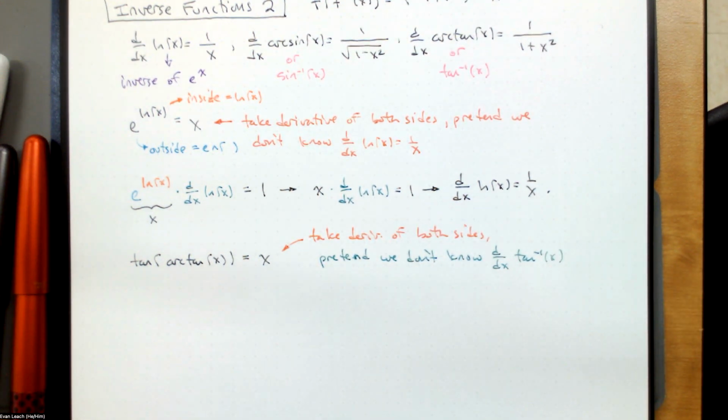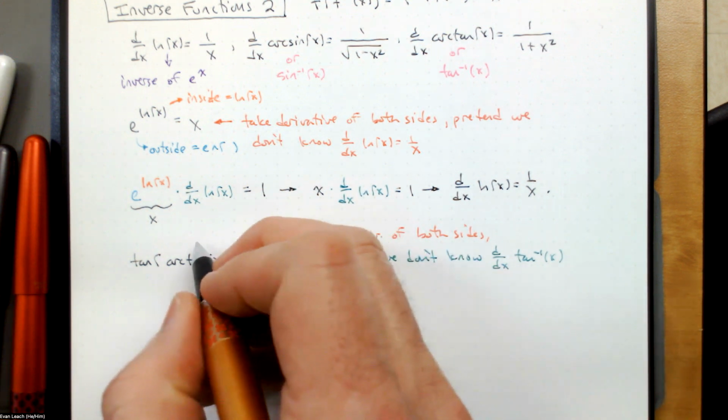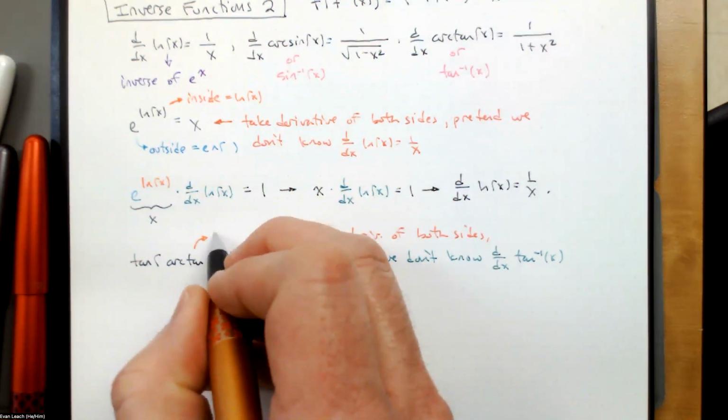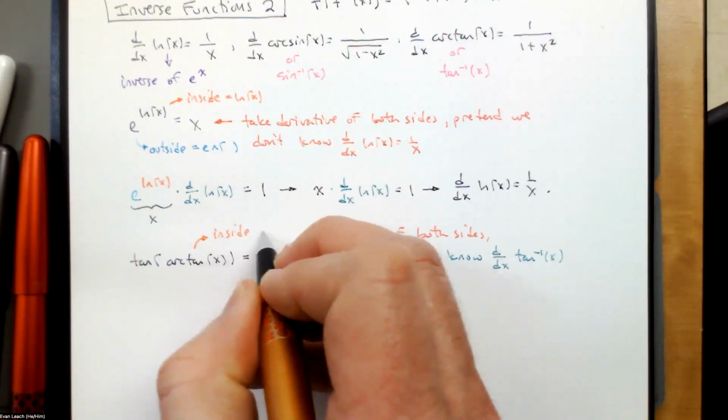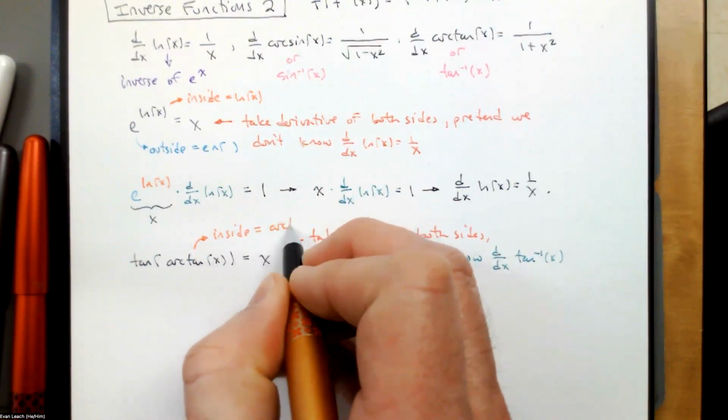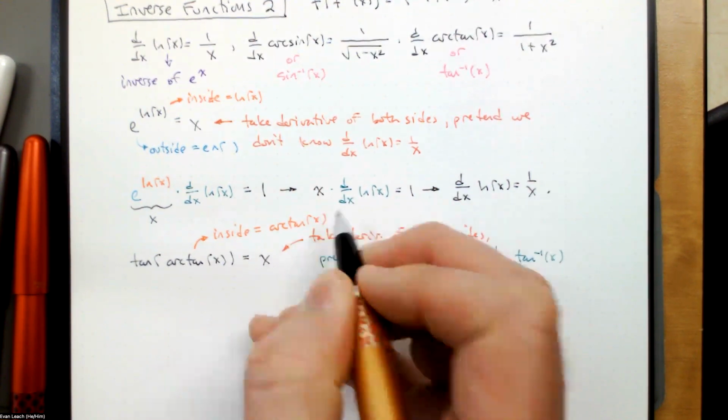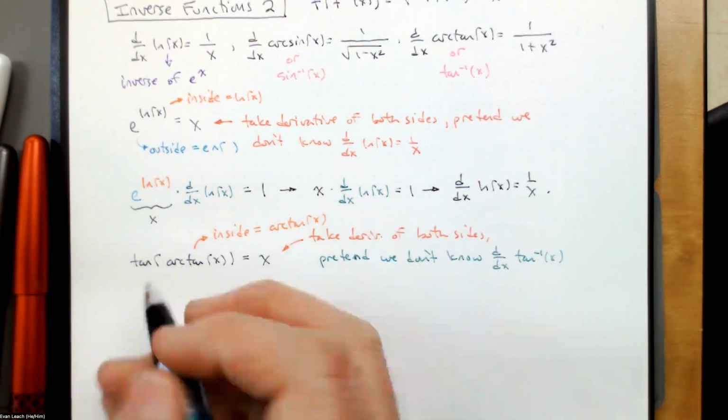Do the same thing that we did before. We're setting up the thing that we're looking for, the derivative of the inverse function, as the inside. So our inside is arctangent. And our outside function is tangent.